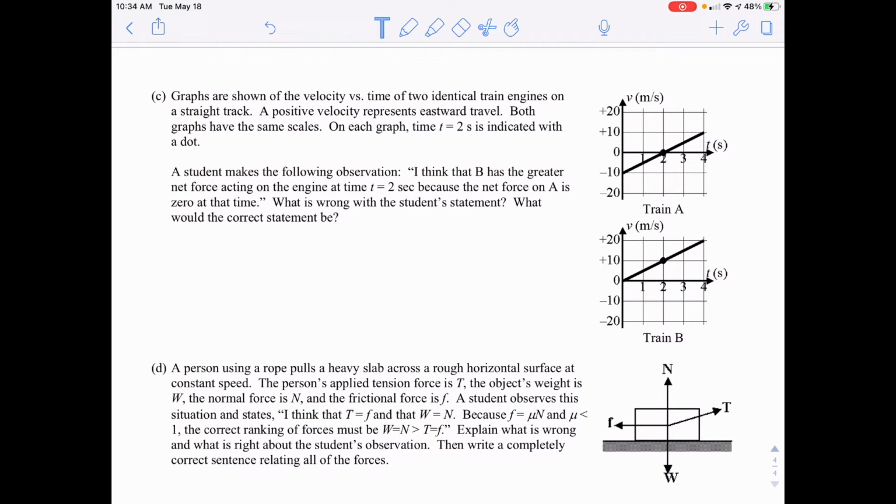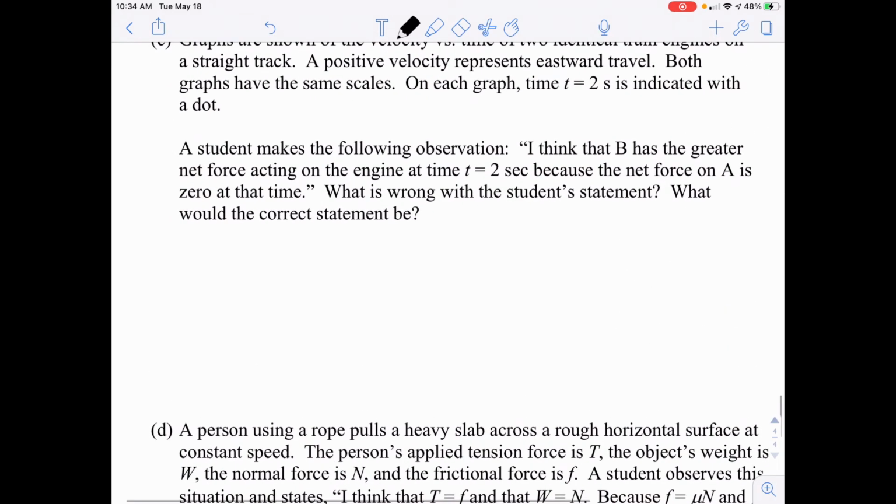Now, if you look, what's wrong with this statement is that the net force on A is not 0. That's the wrong part of the statement. How could it be corrected?